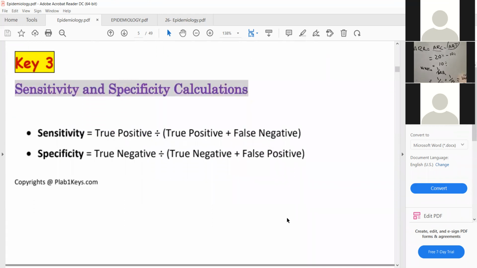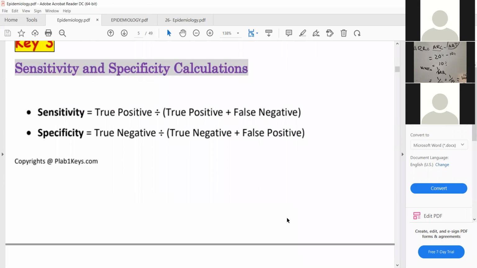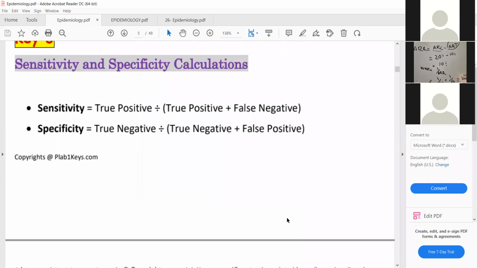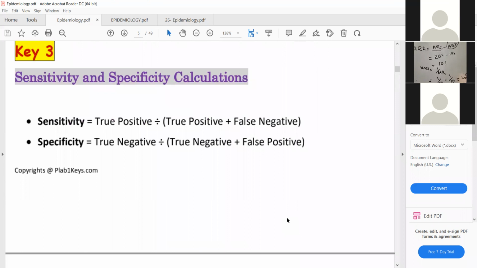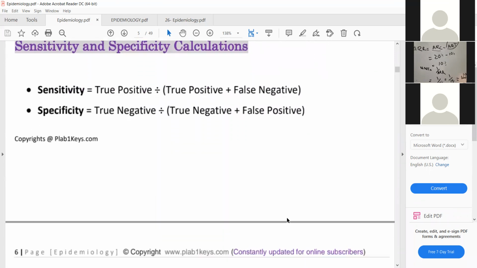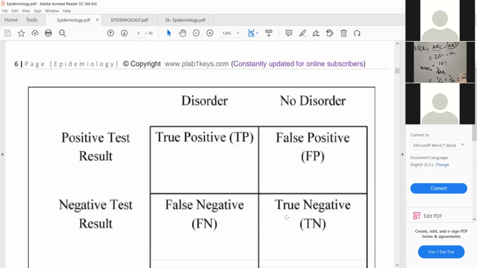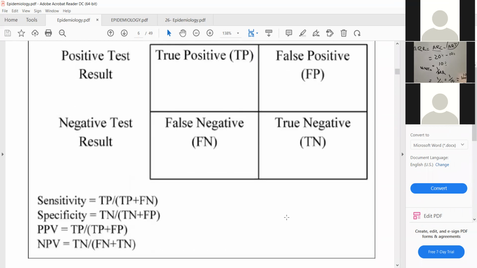Now, our next topic is the important one. That is how to calculate sensitivity and specificity. To calculate sensitivity and specificity, you need to remember this 2 by 2 table. What is a 2 by 2 table?